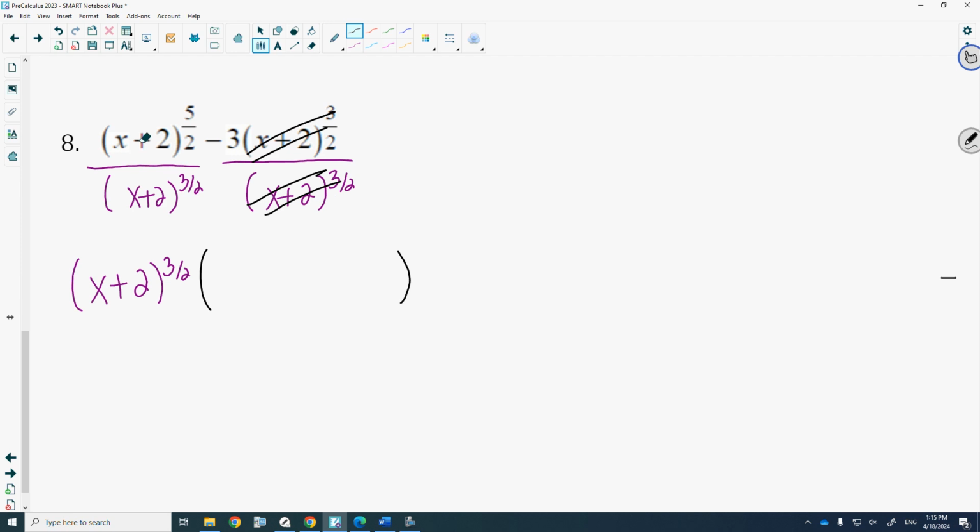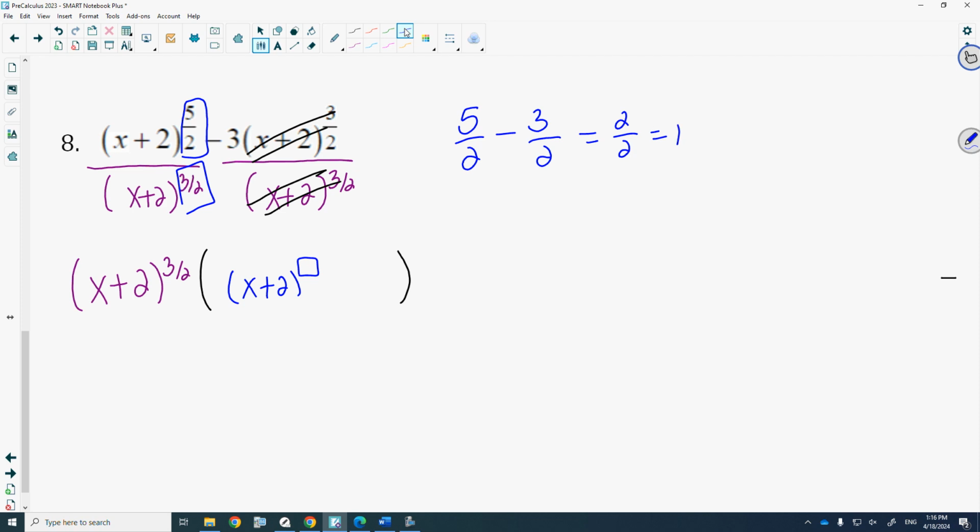What we will have over here is we are going to subtract the exponents. So we're going to have x plus 2, and we need to figure out to what power this will be. So it's going to be 5 over 2 minus 3 over 2. And that will give me 2 over 2, which is 1, minus the 3, because this will cancel.